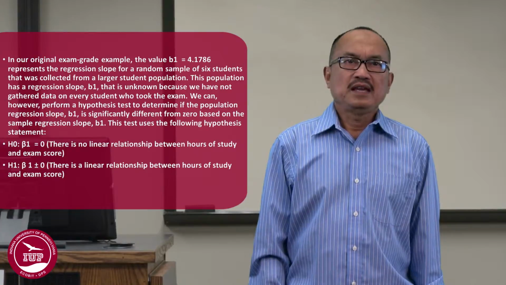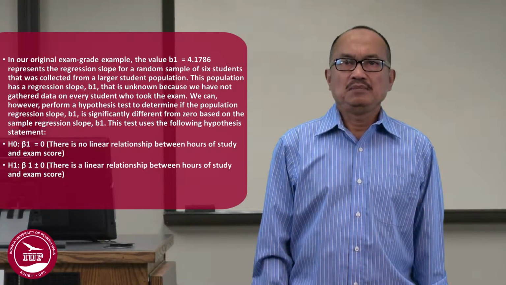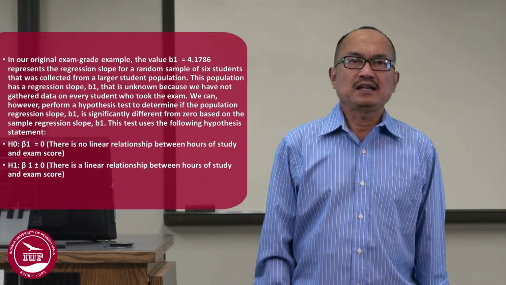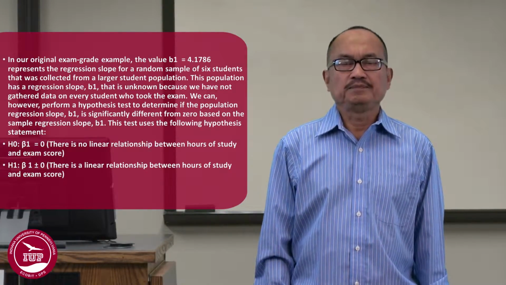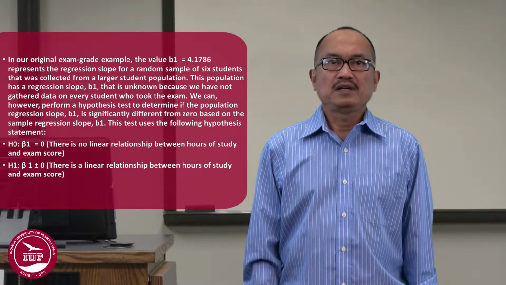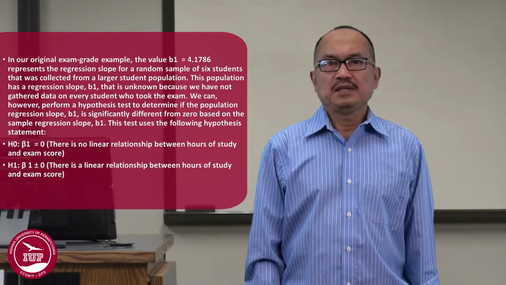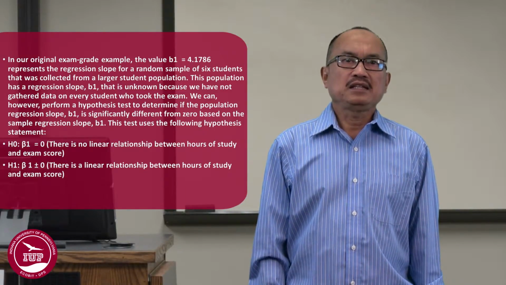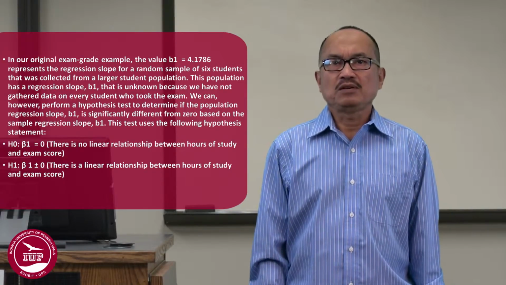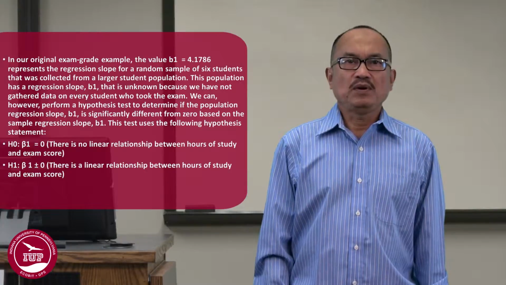This population has a regression slope, capital B1, that is unknown because we have not gathered data on every student who took the exam. We can, however, perform a hypothesis test to determine if the population regression slope, capital B1, is significantly different from 0 based on the sample regression slope, or b1.